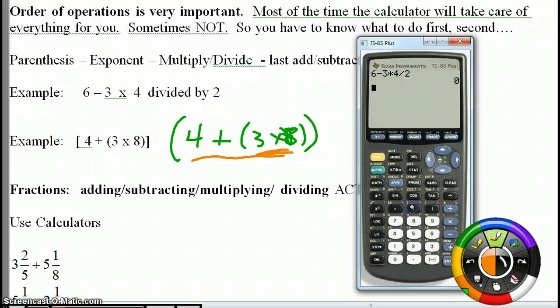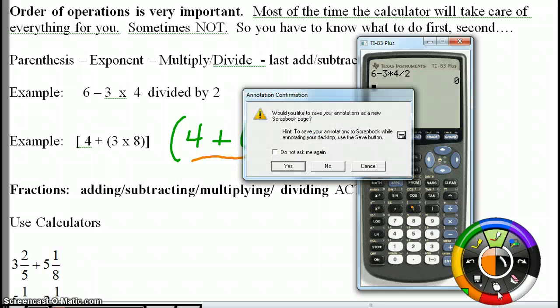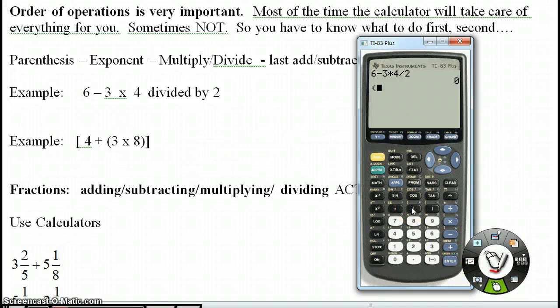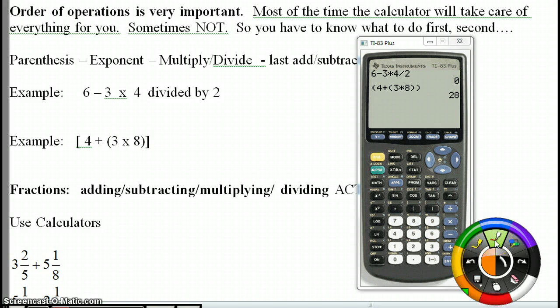On our calculators, if we just punch in parentheses 4 plus the way we see it, 3 times 8, we'll get 28. Where does 28 come from? 3 times 8 is 24, and 4 plus 24 is where our 28 comes from.